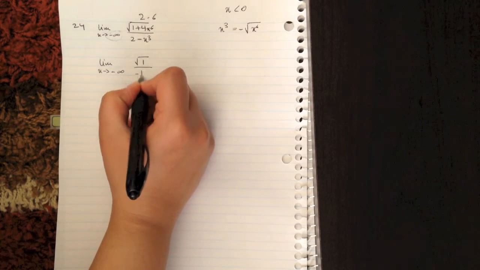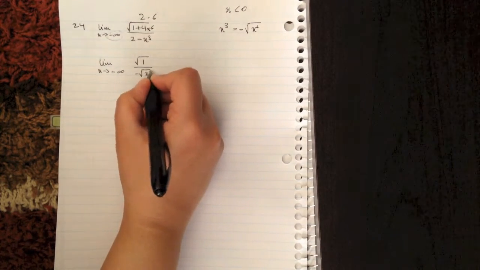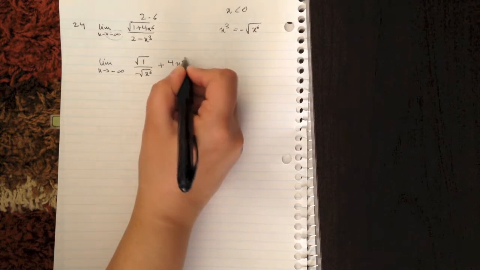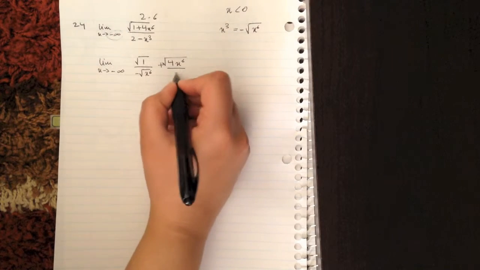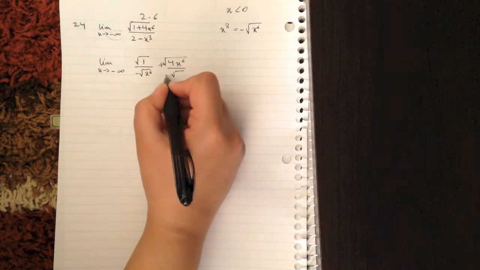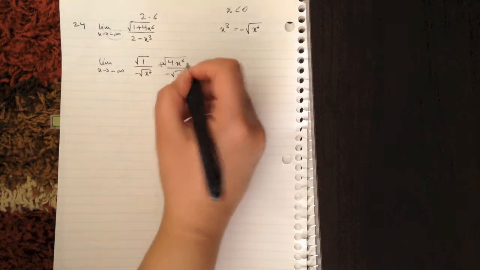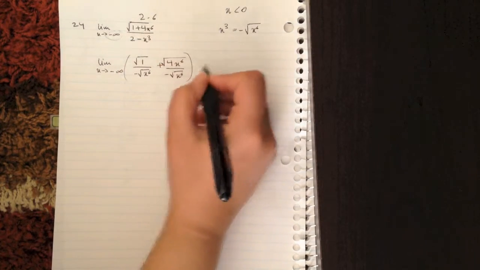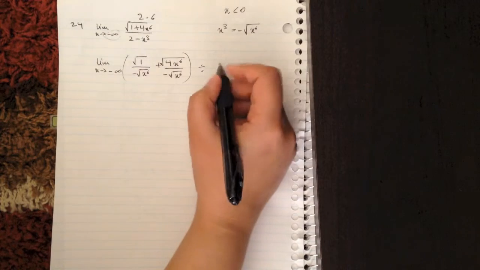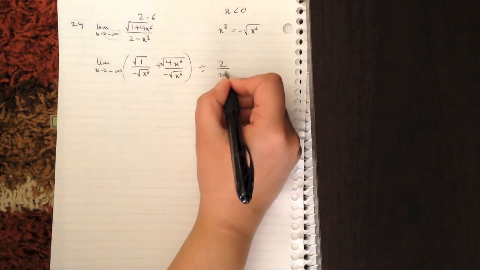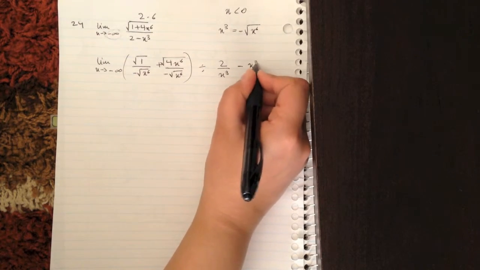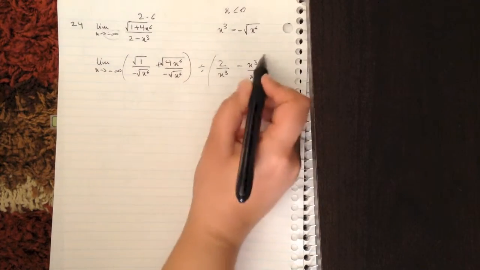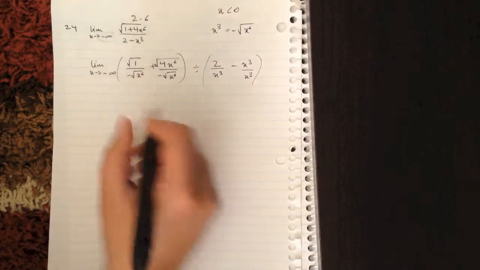So in this case, that is plus the square root of 4x to the power 6, divided by negative the square root of x to the power 6, and then this is the numerator, and it's divided by 2 over x cubed minus x cubed over x cubed.